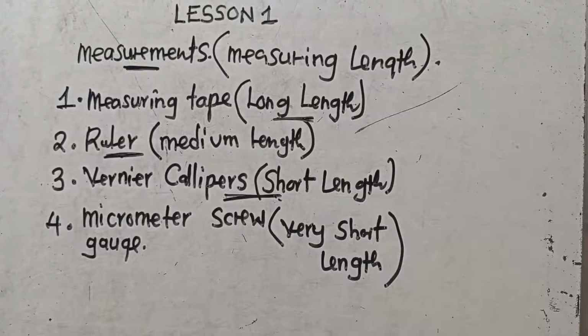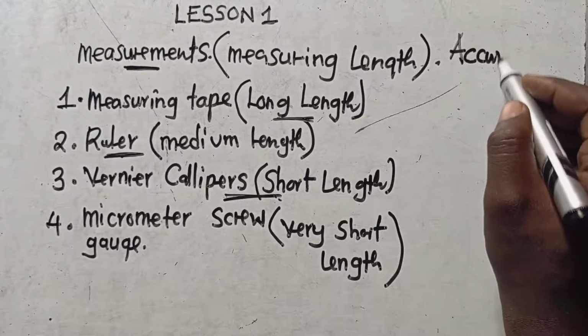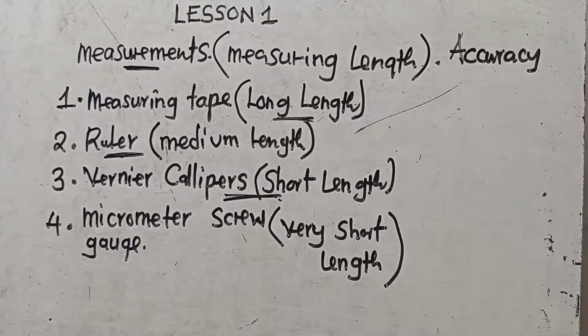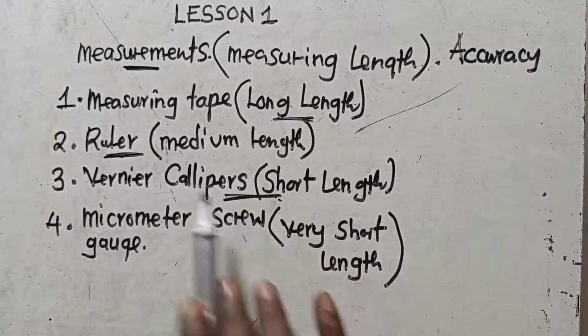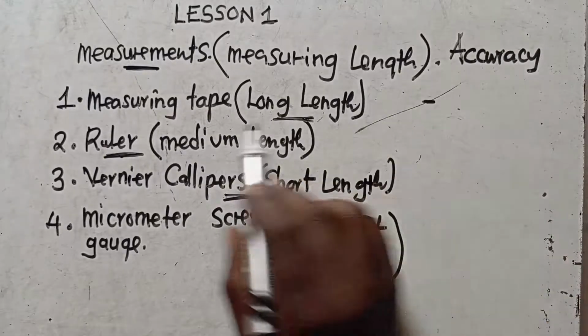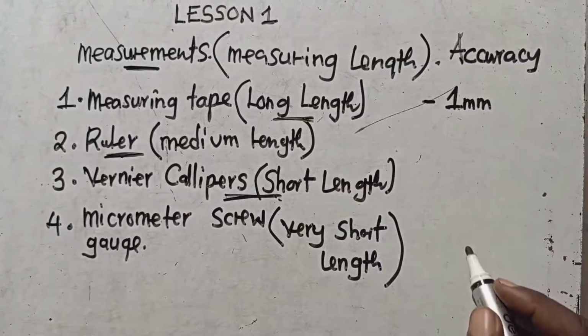There is also what we call the accuracy. After understanding all these, you also need to understand the accuracy of these instruments. The accuracy of a measuring tape is 1 millimeter.